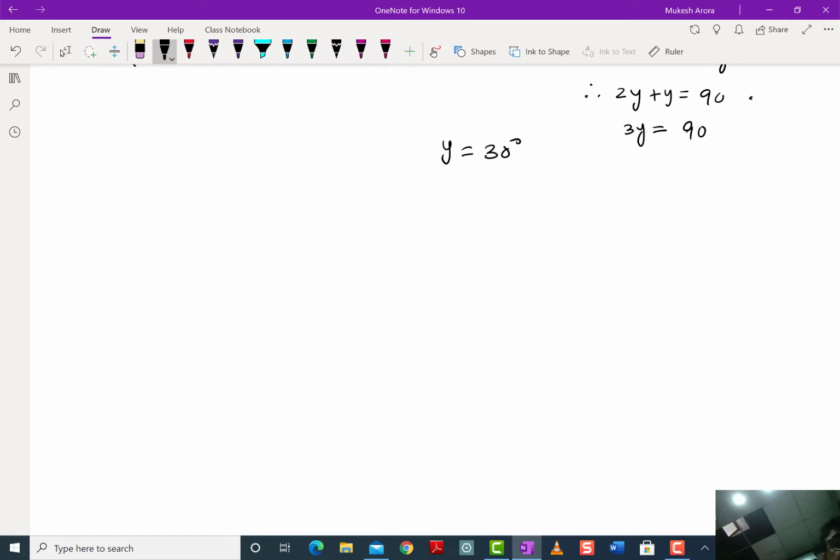Example 2. In a given figure, O is the center of a circle.